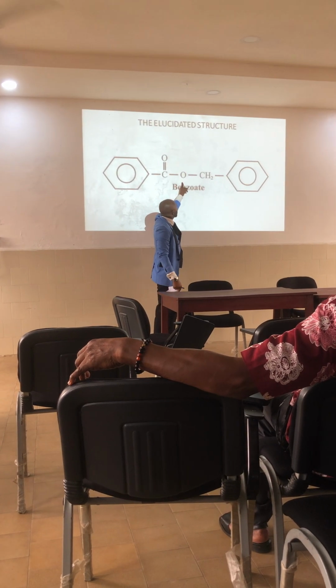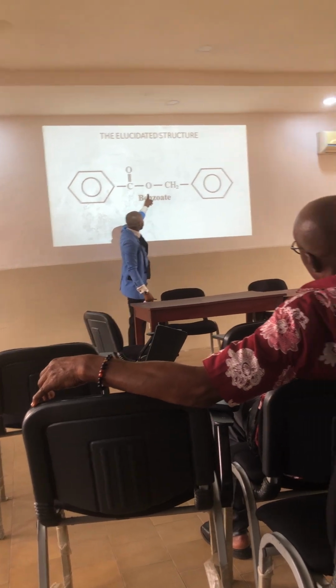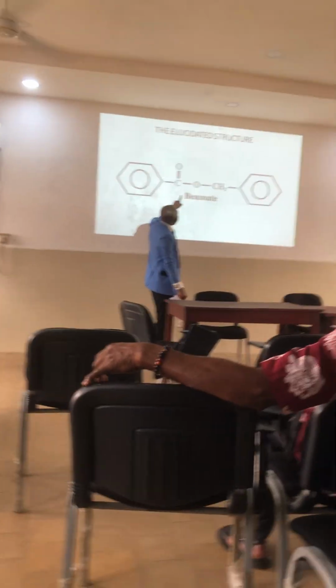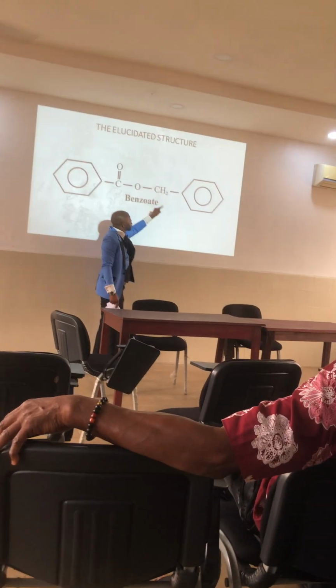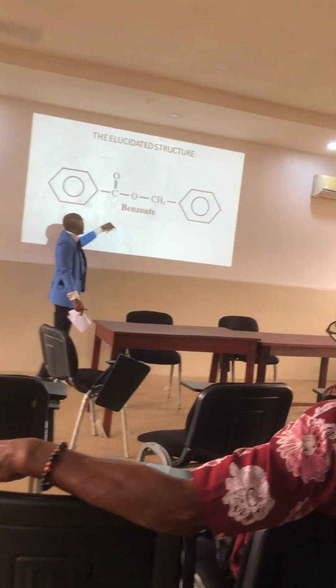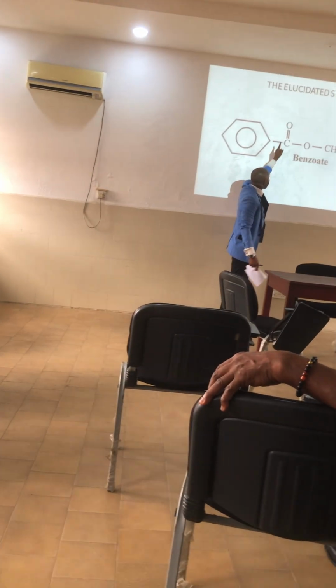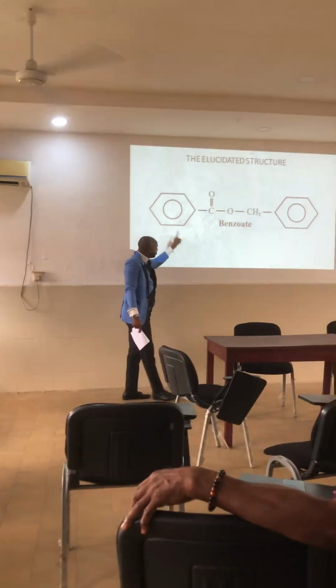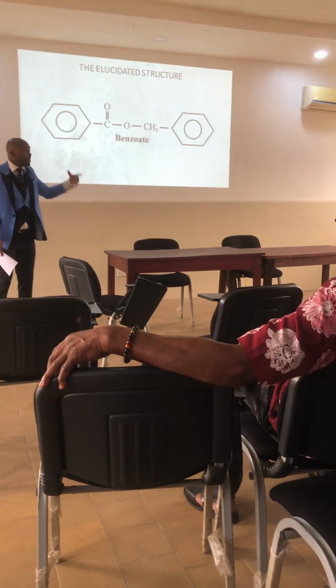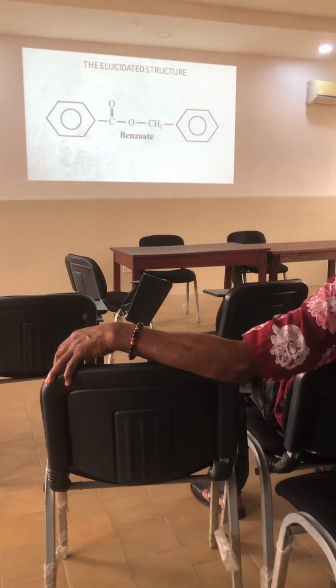But it also has oxygen here. That is a deshielding factor. That's why it moved that far. And this benzene, having this and oxygen close to it, that's why it moved to that 8. And this other benzene ring with a carbon double bond O, the reason why it moved to that 7. From my elucidation, this is the structure I got.